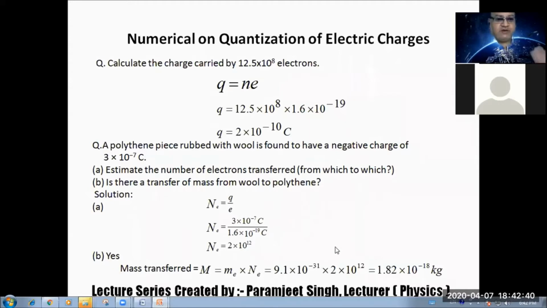So in transfer of electrons, not only charge but mass also transfers. But in case of atom transfer, only mass transfers, not the charge, because the atom is neutral in nature.